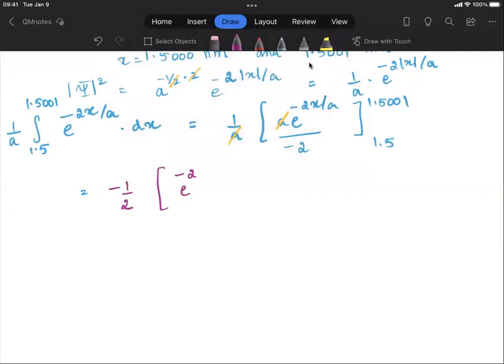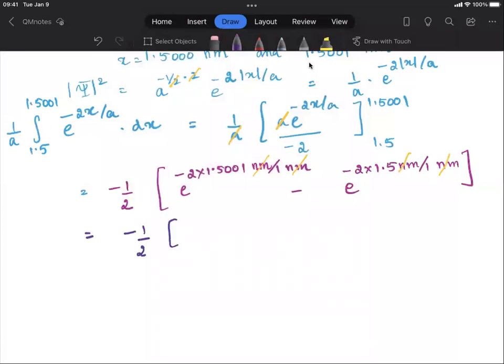This will be e to the power negative 2 times 1.5001 nanometers divided by 1 nanometer, minus e to the power negative 2 times 1.5 nanometers divided by 1 nanometer. The units get canceled out beautifully, and we have negative half times whatever this value is.